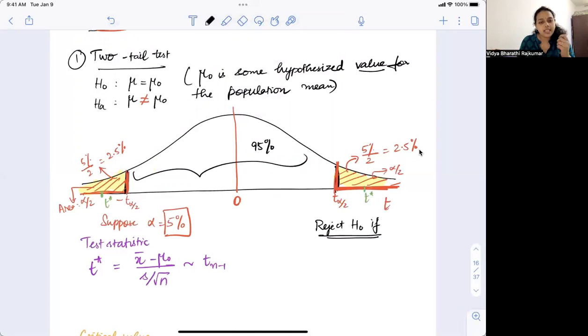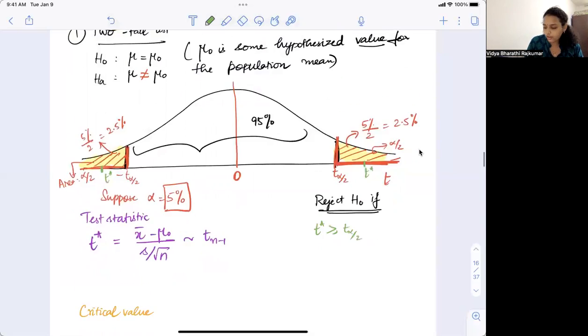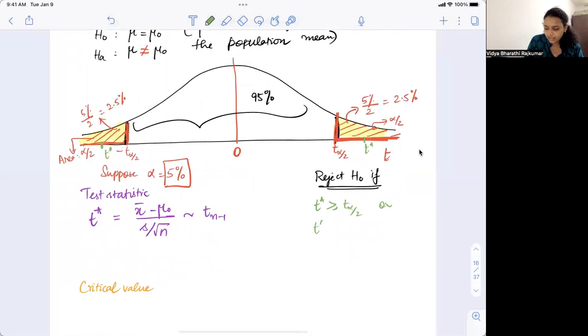And if I compute a t star value which falls in one of these 5% regions, then that tells me that I have evidence to reject the null hypothesis. Therefore, I'll reject my H naught if my t star is greater than t alpha by 2, or if my t star is lesser than minus t alpha by 2, because in both those cases, it falls into the rejection region. So if your value falls in the rejection region, you reject the null.